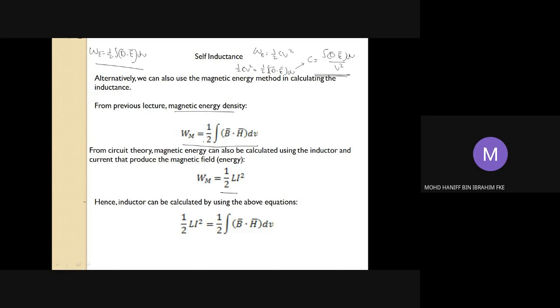We can equate both equations: half L I squared equals half the integration of B dot H dV, from which we can obtain the inductance value L.